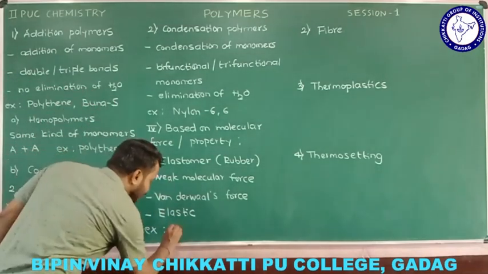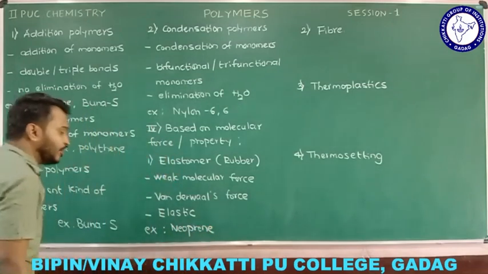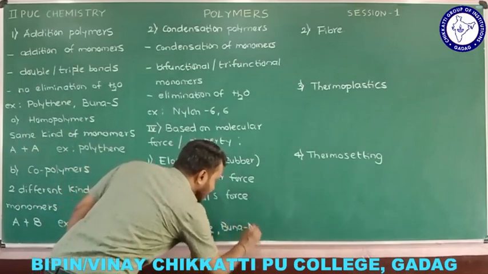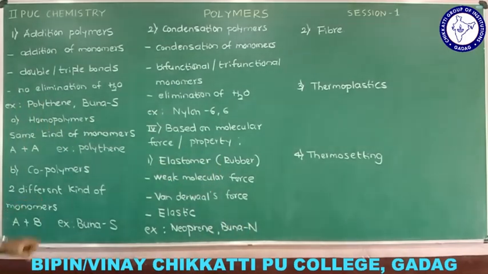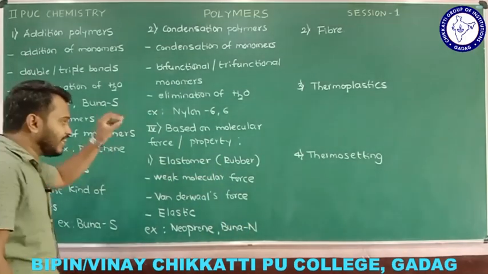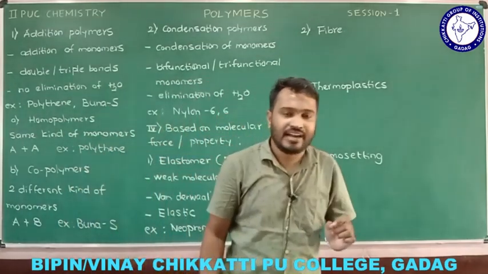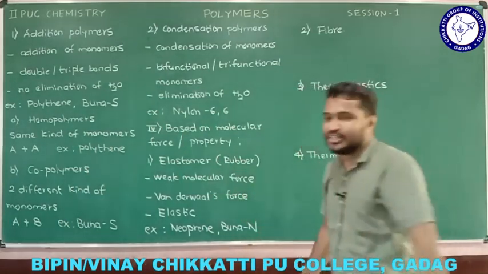And examples I am going to write here: neoprene, and you can consider one more, Buna-N, and actually these two belong to the class rubber, that is nothing but elastomer. So try to know, in case of elastomer, weak molecular force will be present, and that will be van der Waals force of attraction, and that class we call elastomer.